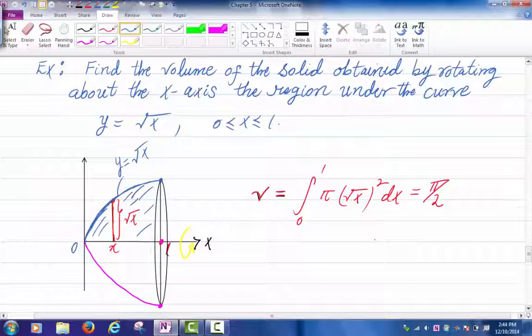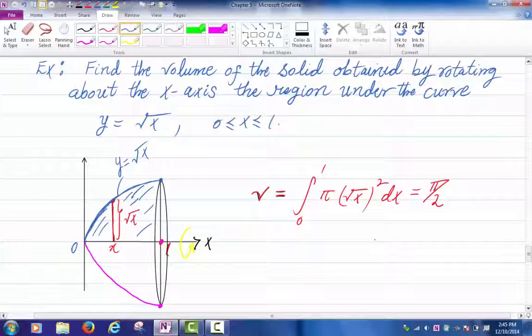The graph of root x is like the upper half of the parabola y squared equals x, right? So the blue curve is the graph of root x, and it extends from 0 to 1 only. And if I revolve the blue region around the x-axis, I get a solid which looks like what I drew there. You guys see what the solid is?